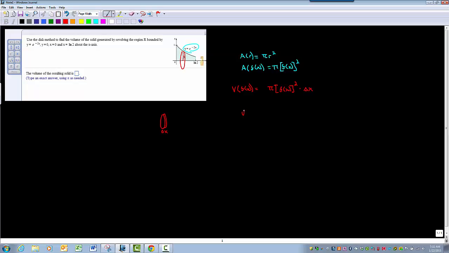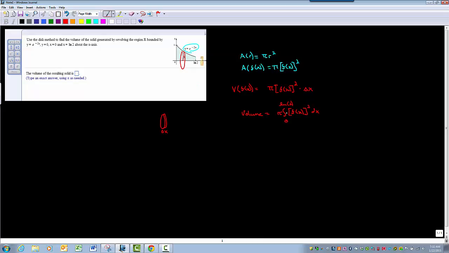The volume is equal to the integral from 0 to the natural log of 2, because that's what x is varying between, of pi, I'm going to pull the pi out, f of x squared, and now this delta x becomes dx here, because this is infinitely small. Okay, so what we're doing is adding up all of these disks that are forming up the volume.